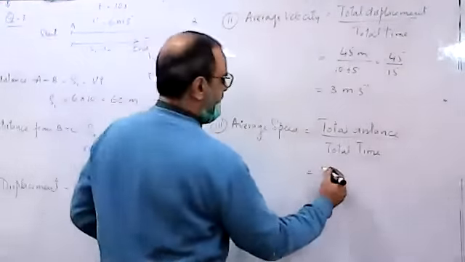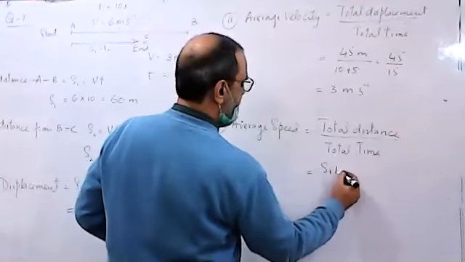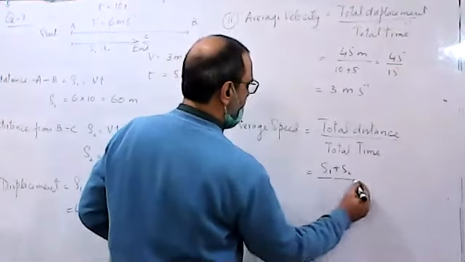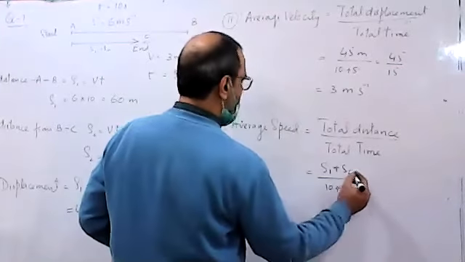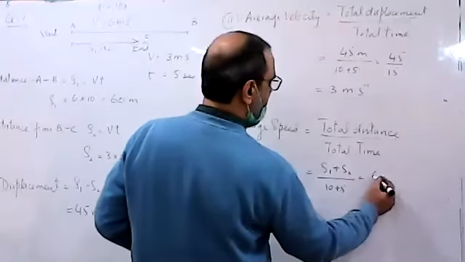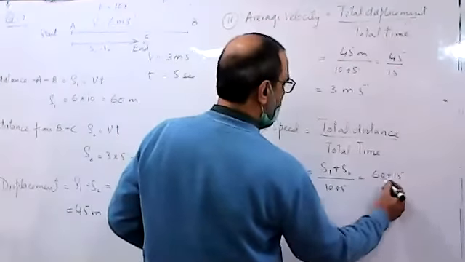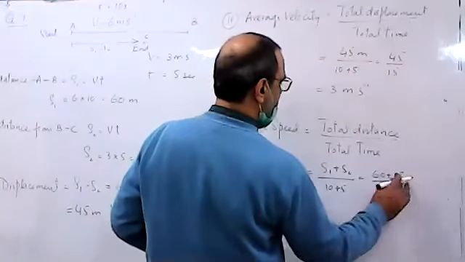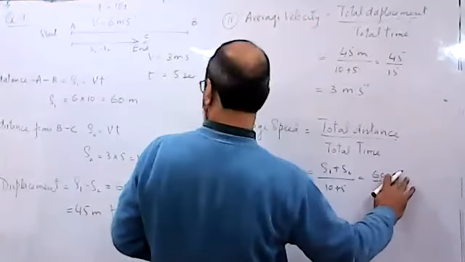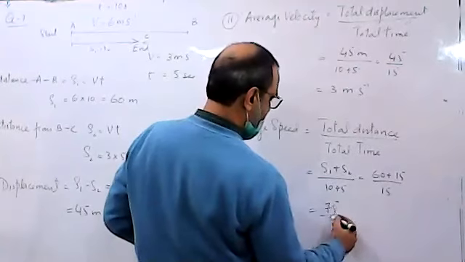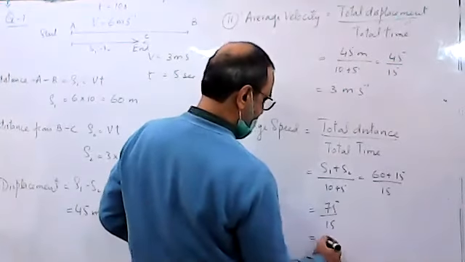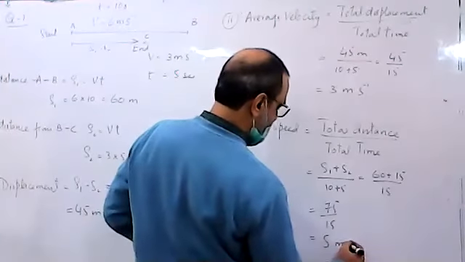It will be S1 plus S2 divided by total time, that is 10 plus 5. So S1 is 60 plus 15 over 15. So 75 divided by 15, that is 5 meter per second.